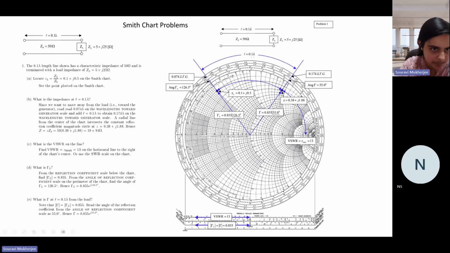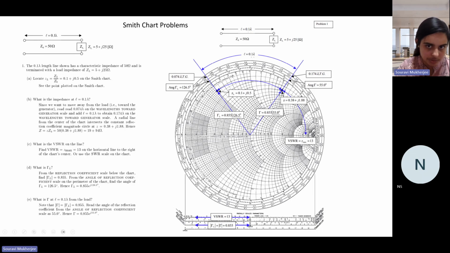So you mark that. Now it says that you have to travel 0.1 lambda distance. You're moving towards the generator, so you have to move clockwise. So you cover a distance of 0.1 lambda, and you go to somewhere here. You note down the value of this distance. This is your new position on the Smith chart.